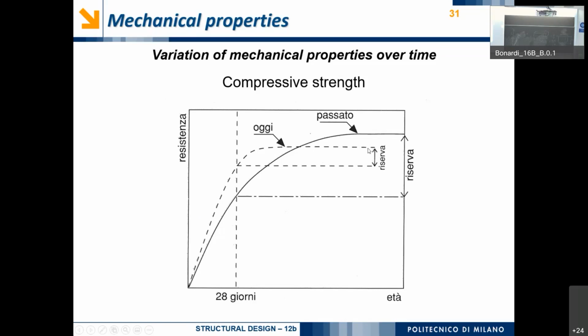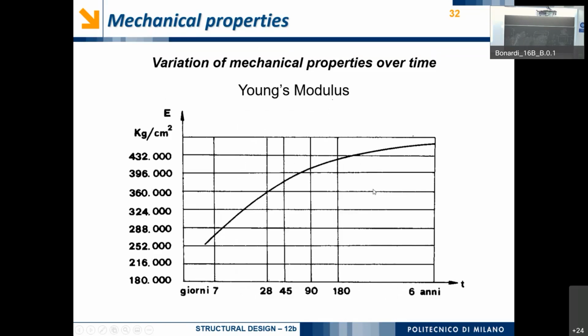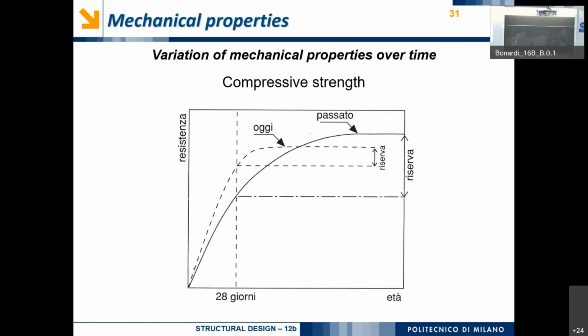So this is what happens. And please notice that this is not a linear diagram, so it is 0 days, 28 days, and then it becomes months and years. So it means that going along with years, we gain some more compressive strength, but not that much.